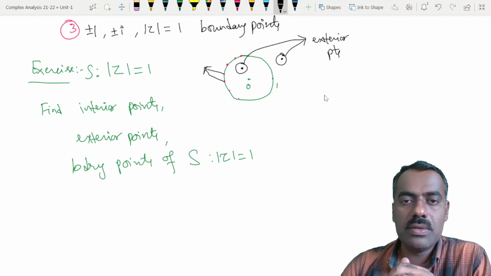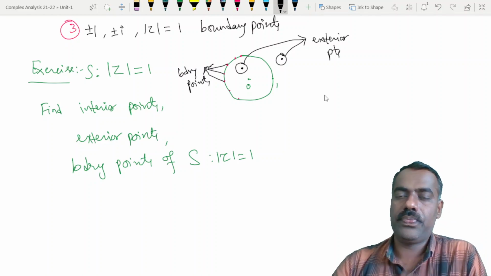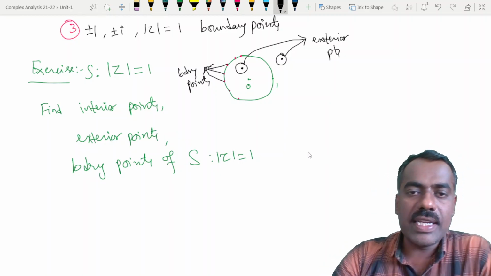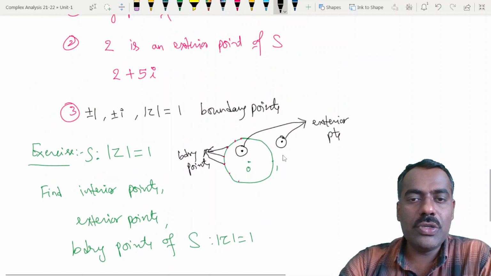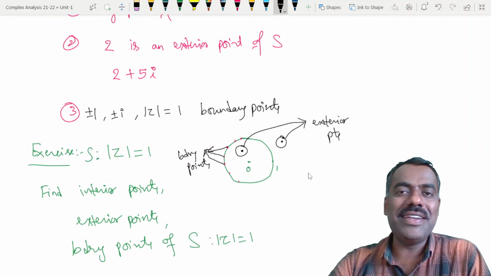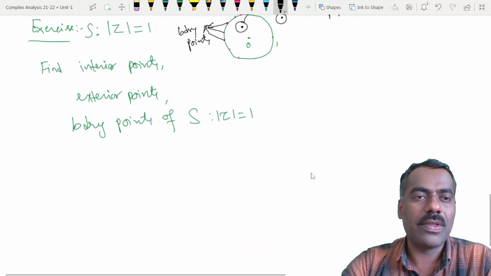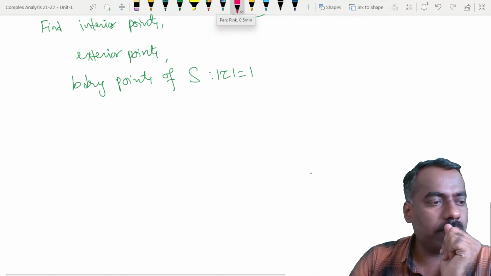They are all boundary points. Very good. Fine. So you should understand the difference. Don't think that if it is inside, then it is an interior point. Okay. Fine. Any problem?